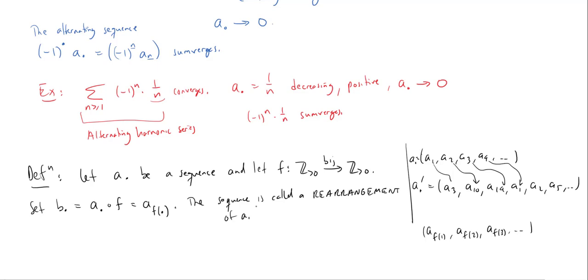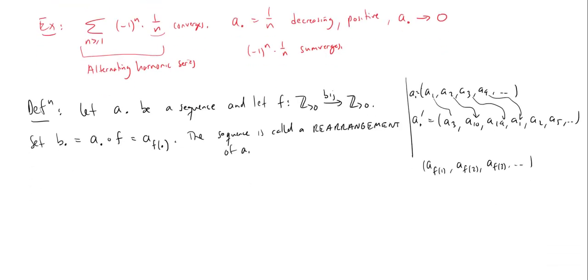Now, what if I know that a converges to some limit L? I now have this new sequence b, and I could ask, does it converge? And if it does converge, what does it converge to?